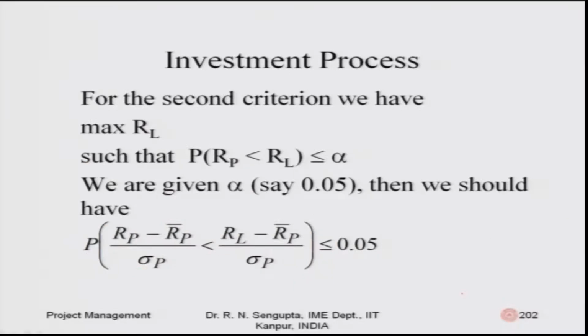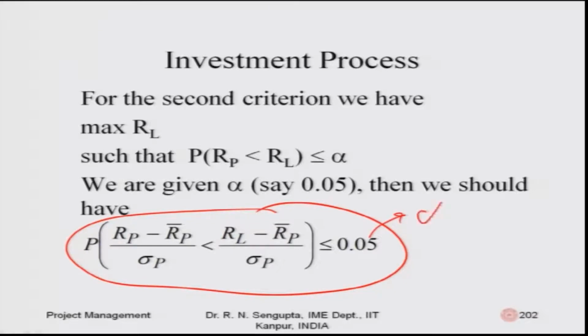For the second criterion, we basically maximize RL. The first one was about finding the probability of the difference between two values being less than that, under the condition that the probability of RP being less than or equal to RL is some alpha. So, the alpha value is given, and we want to find the maximum value of RL such that the probability condition is met. Say, for example, we have the value of alpha from the table as 0.05, which is 5%, then we have this value again using the standard normal distribution.